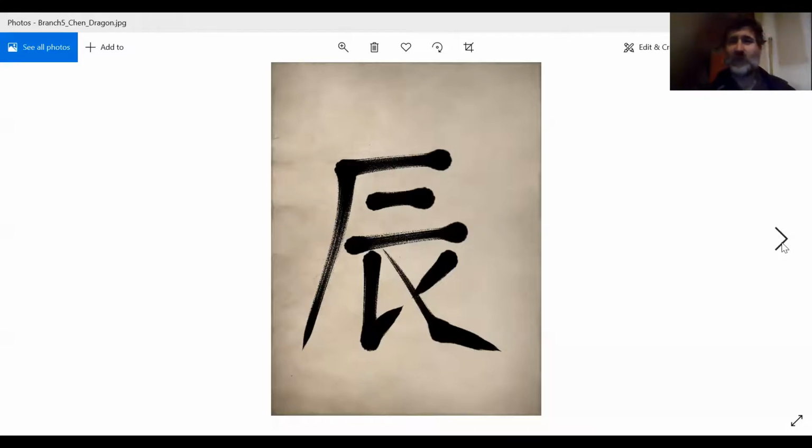But the scope and scale of dragon is very big. Dragon has great ambition and great unwavering capacity. Dragon does tend to be kind of self-absorbed and very grandiose, even more grandiose than tiger.